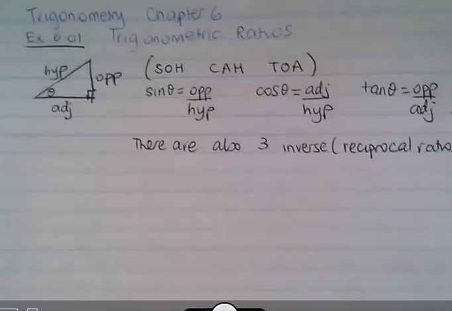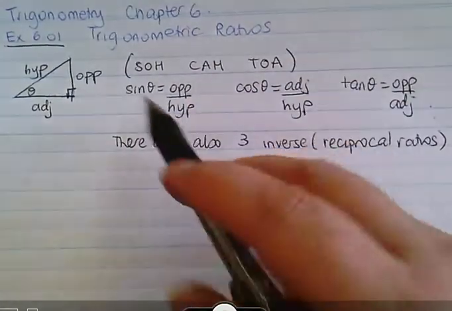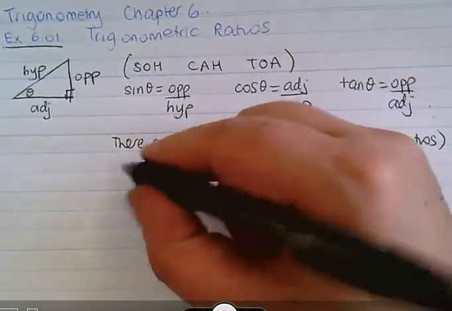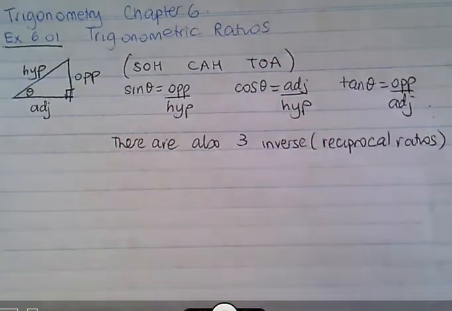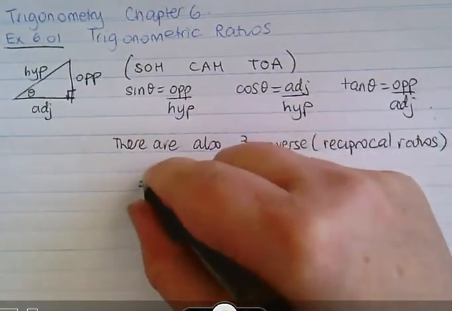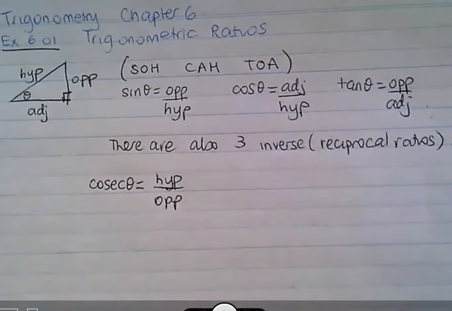Now, reciprocal is 1 over, or in the case of a fraction, the flipped version of the fraction. So, you know how sine theta is opposite over hypotenuse? There is a ratio for hypotenuse over opposite. So we can do hypotenuse over opposite. That ratio is called cosec theta.